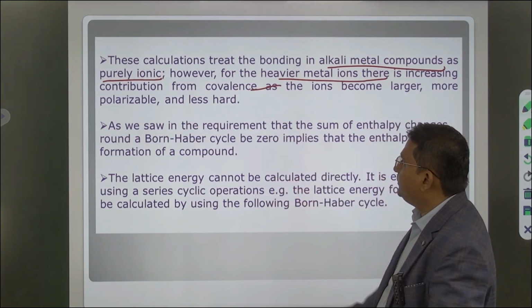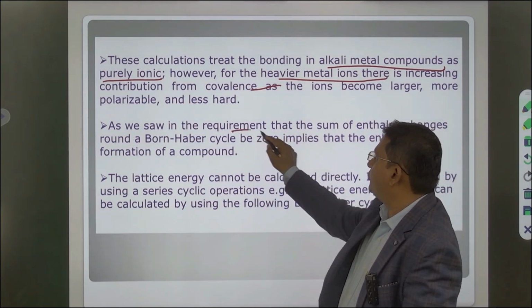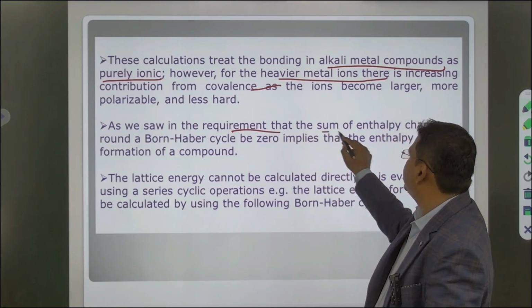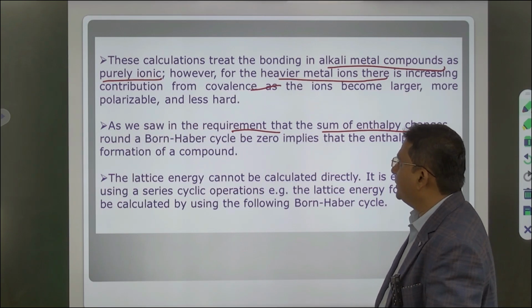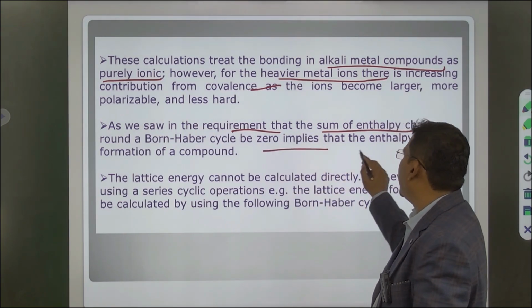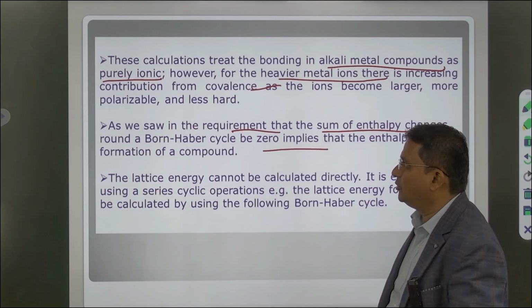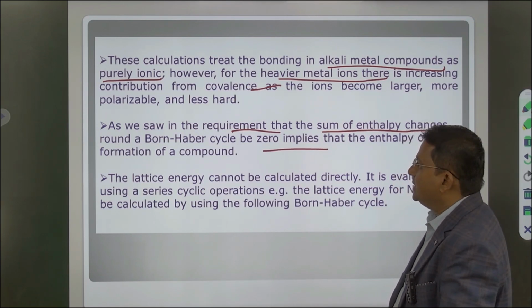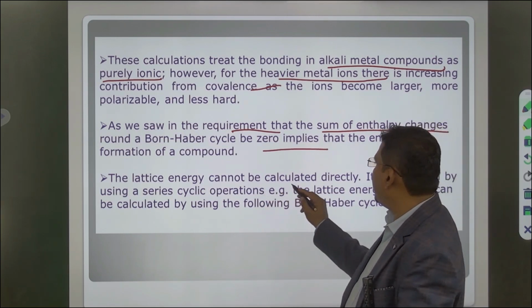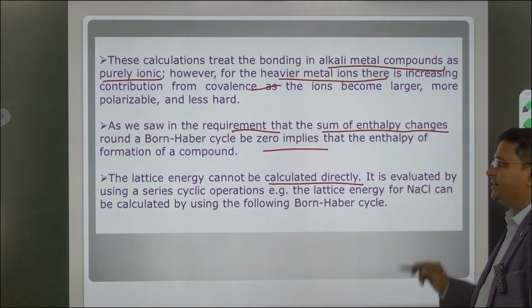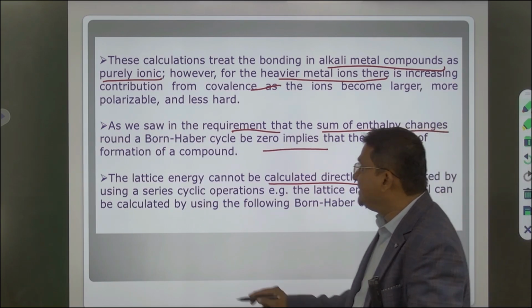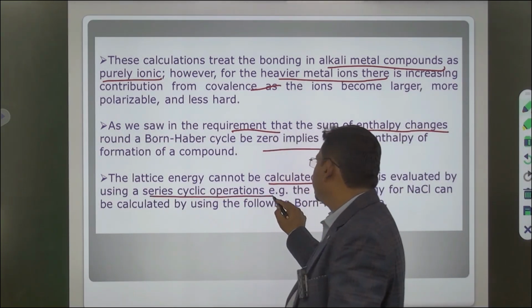As we saw, the requirement that the sum of enthalpy changes round a Born-Haber cycle be 0 implies a relation with the enthalpy of formation of the compound. The lattice energy cannot be calculated directly. It is evaluated by using a series of cyclic operations.